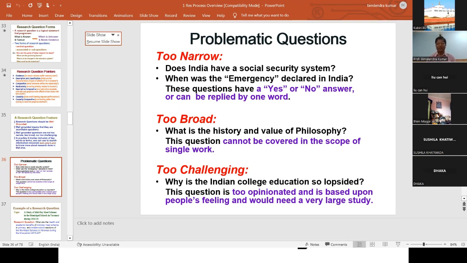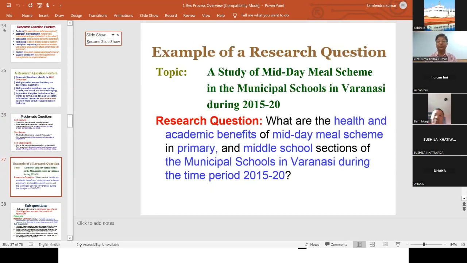For challenging problem questions, take this one: why is Indian college education so lopsided? This question is too opinionated. There are so many opinions and views on why college education is so lopsided. It cannot be answered in a single answer, and it is based upon people's feelings and would need a very large study also.